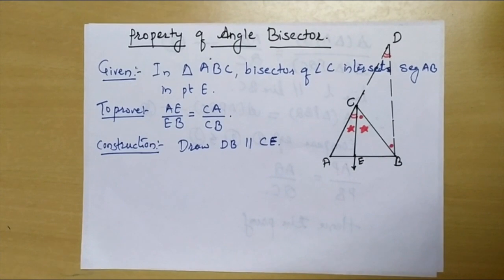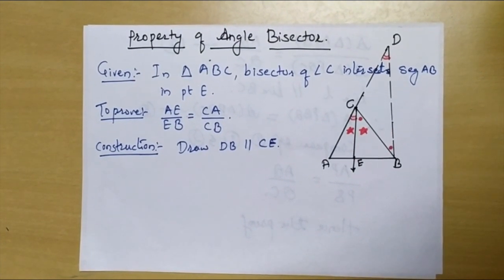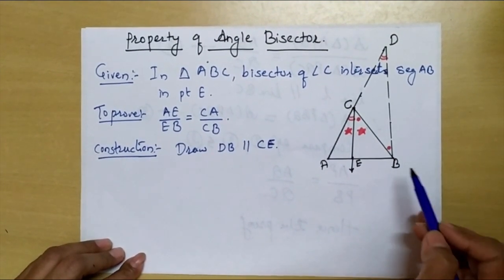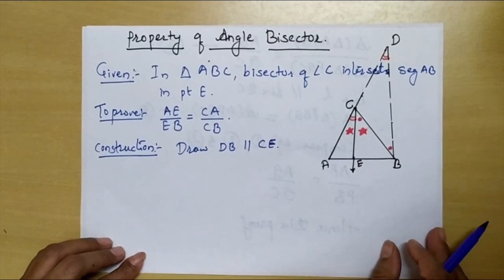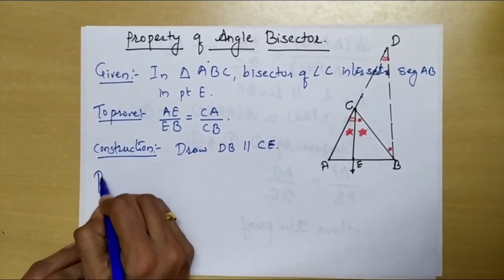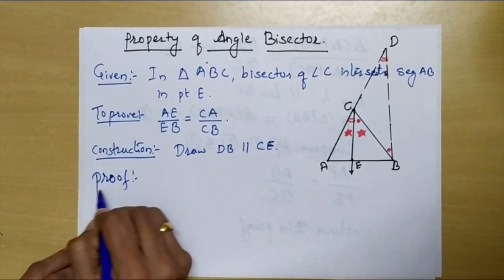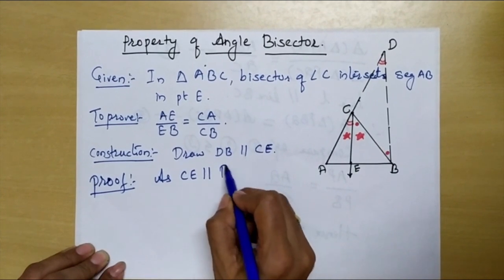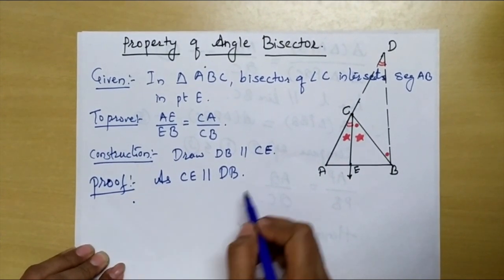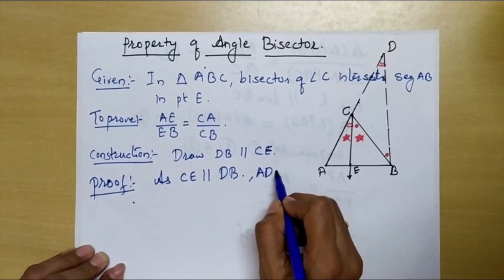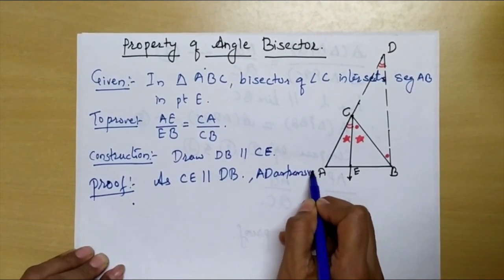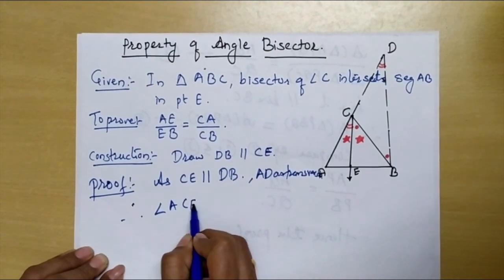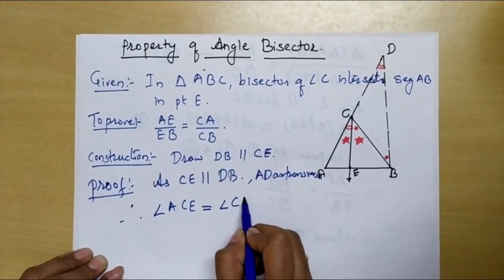Now let us consider, as ray CE is parallel to DB, due to that we'll get a pair of corresponding angles and a pair of alternate angles. So I'm writing the proof here. As CE is parallel to DB, and considering AD as transversal, we'll get angle ACE equal to angle CDB.